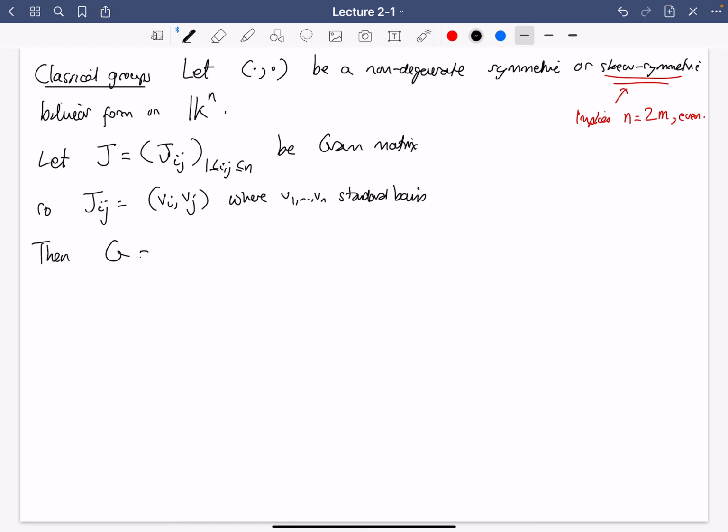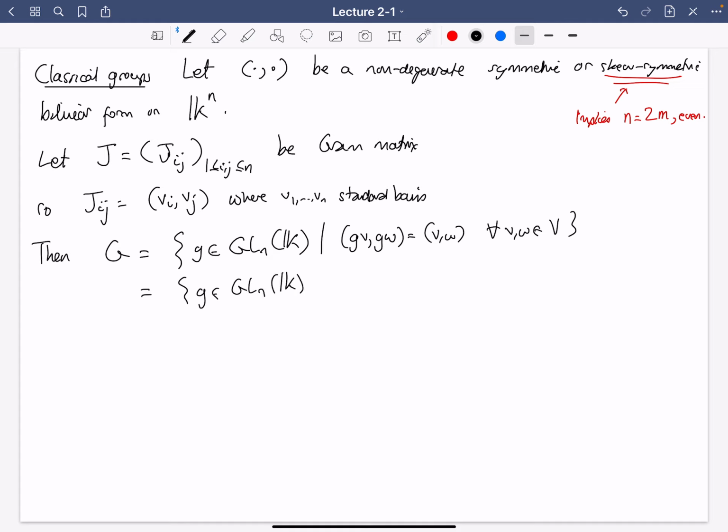And then the group G that I'm interested in is going to be all automorphisms of the vector space V, this K^n, which preserve this bilinear form. So here's the way you would write it if you were coordinate free. But we're in coordinates, so you can simply translate this very quickly into an equation involving this Gram matrix.